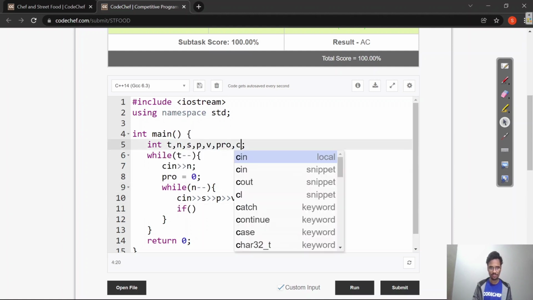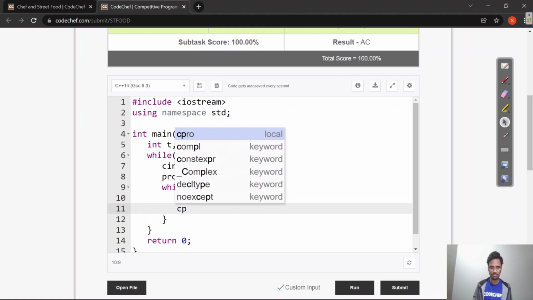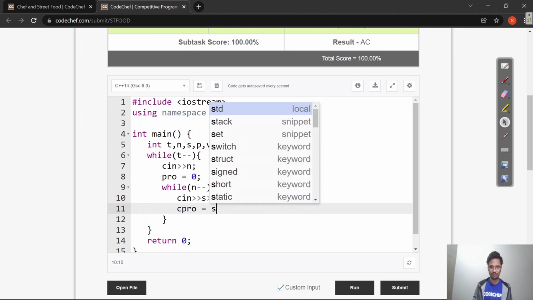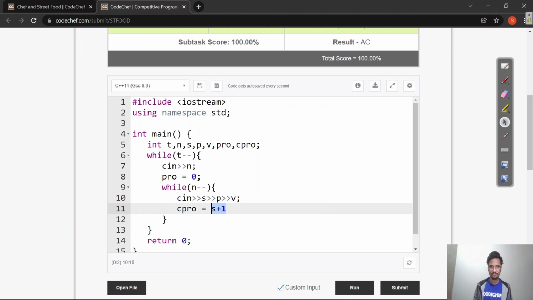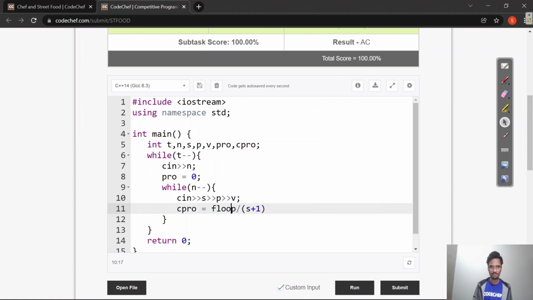Just take a variable current profit, current pro. So current pro is equal to, first of all, s plus 1 divide by this p divide by and the floor value.